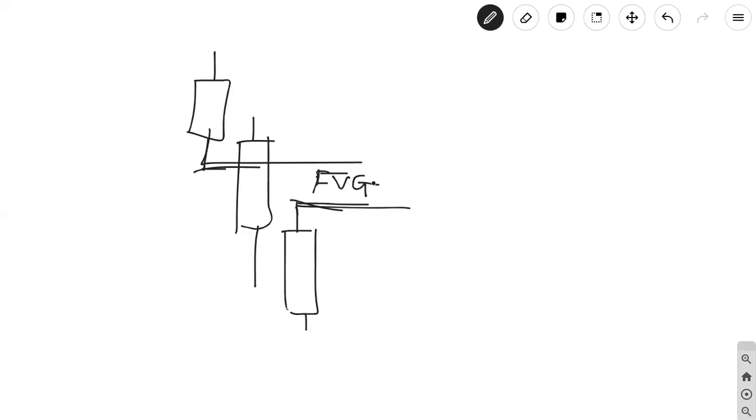Although I always have a misunderstanding around this word, fair value gap, my students know, so I'm not going to talk about that. Now, we know that we can use this fair value gap as our POI or as an entry.